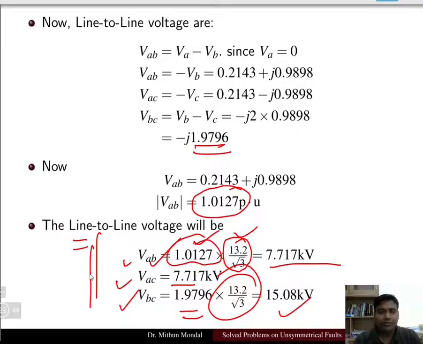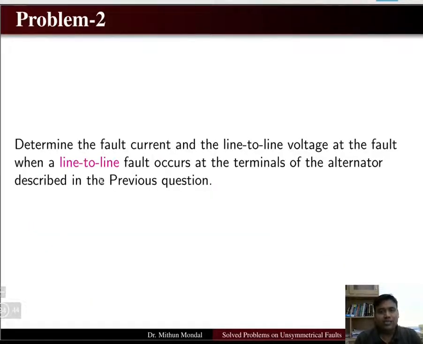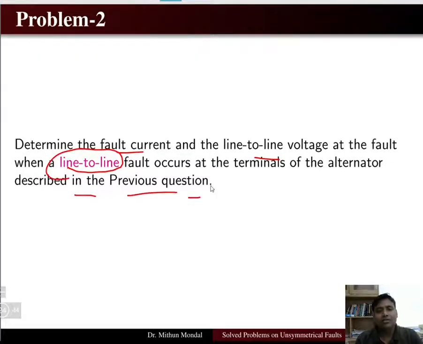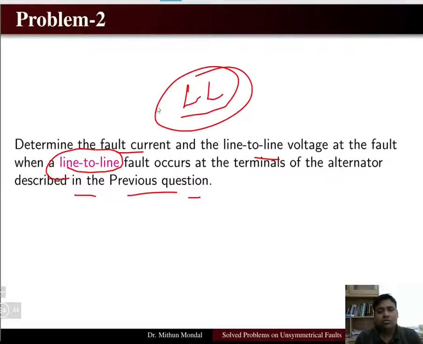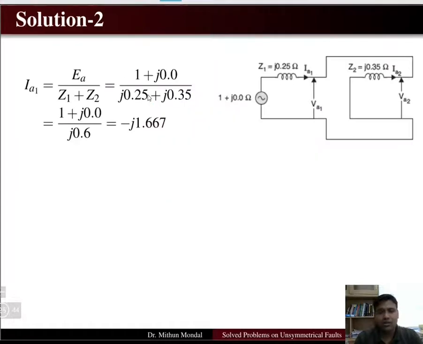The next problem is to determine the fault current and line to line voltage at the fault when a line to line fault occurs at the terminals of the alternator, similar to the previous question. We are going to solve the same question for a line to line fault. Earlier we solved for the line to ground fault, now we solve for the line to line fault.